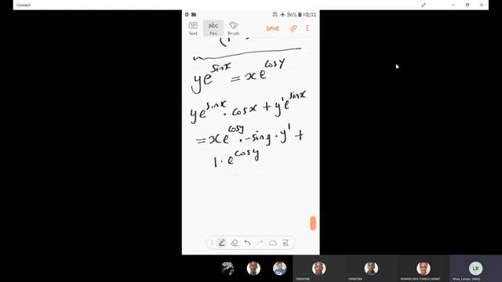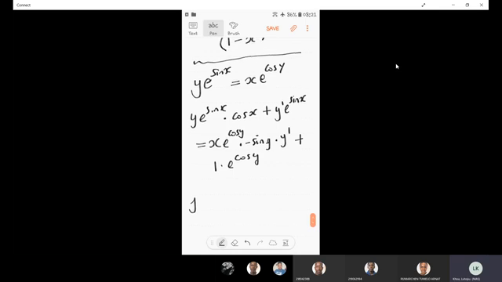Then I collect all the terms with y prime on one side, so I should have y prime times. Okay, so the terms with y prime, it's this one here, e to the power of sine x, and this one over here.